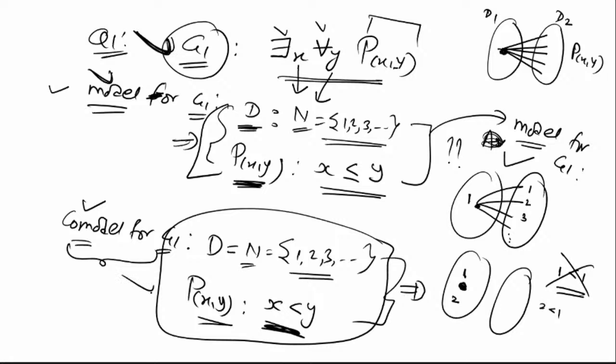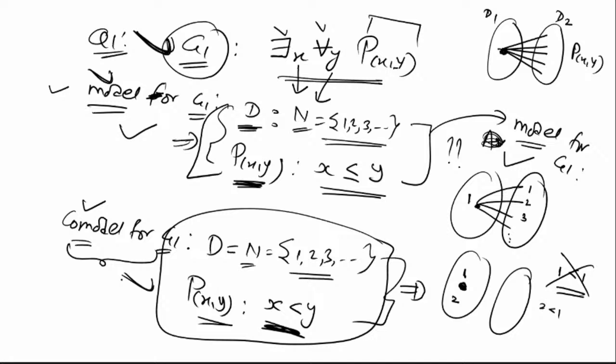So at least one environment is a co-model. Hence you can say that this formula G1 is not valid. This G1 is satisfiable because we have a model, but it is not valid, because there exists a co-model. So that is the definition of validity, satisfiability, unsatisfiability.